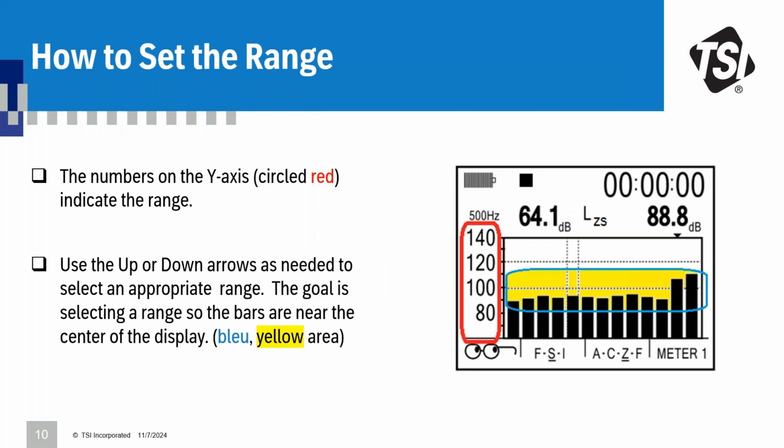Now, to effectively select your range, a rule of thumb, and you can see it on this slide here, is that the red circle is where you see the range sort of changing, but the yellow area there is where you want most of your bars to be in. And again, this is the octave band for those of you who have octave band on your instrument. You want all your bars of the octave band to be in the middle of the screen there in the yellow area, right?